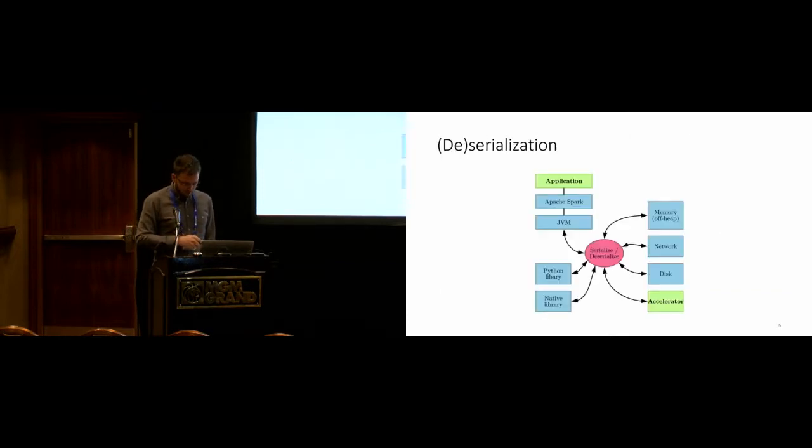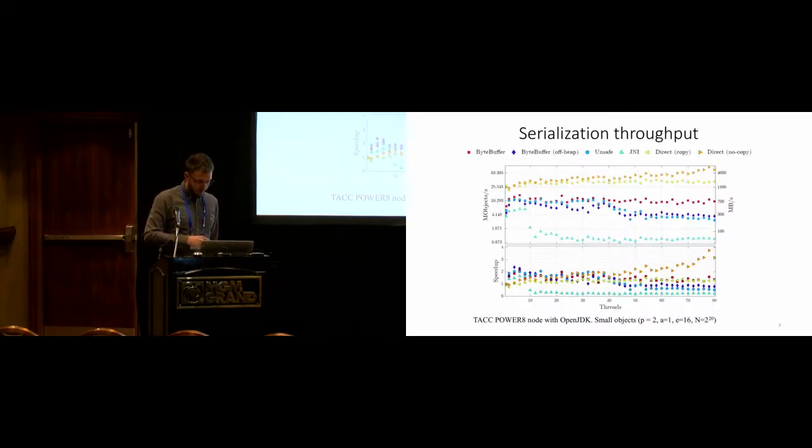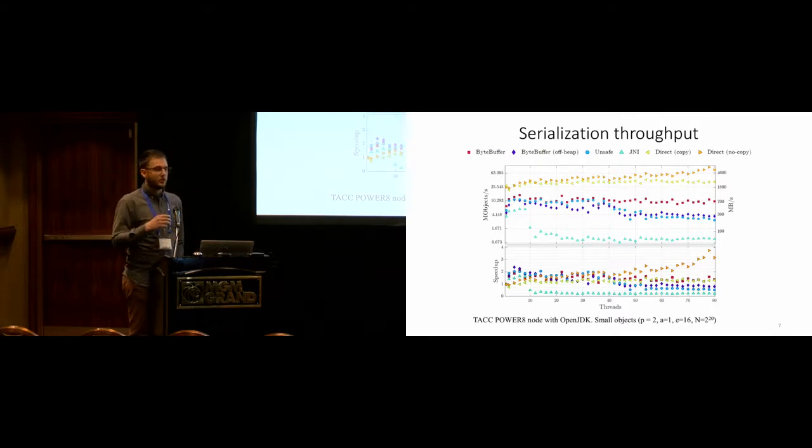In fact, I will skip over this one quickly. At the previous OpenPOWER workshop at ISC last year, we showed this slide already, where we tried to do this as fast as possible. And we just realized that we're basically looking at these lines here, because the top ones here are actually cheating, and a Java programmer would never ever try that method.